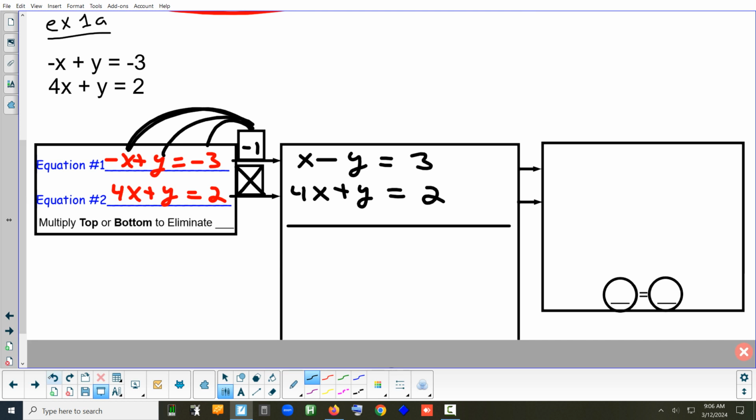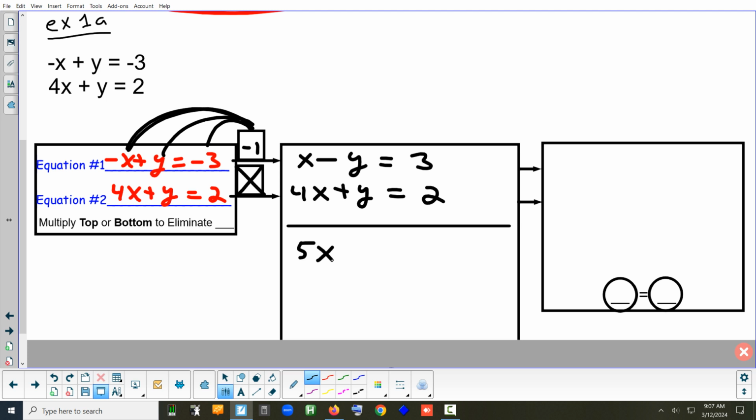All right, let's add up the x's. What's x plus 4x? Yep, 5x. And what's negative y plus y? Positive? No. I get confused with the negative and positive.